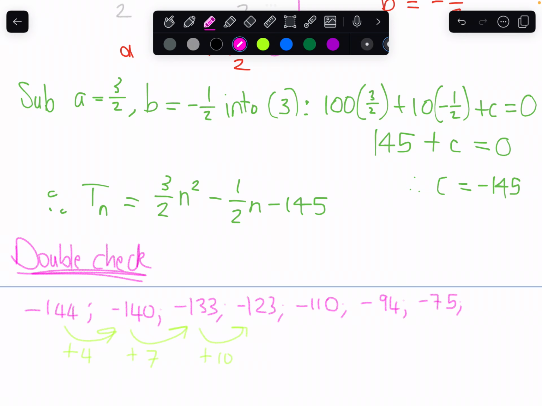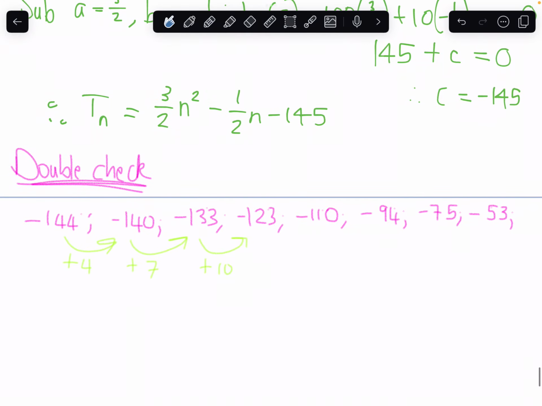And then we'll have to add 22, which will take us to negative 53. How many terms are we on? 1, 2, 3, 4, 5, 6, 7, 8, almost there. Then we have to add 25.